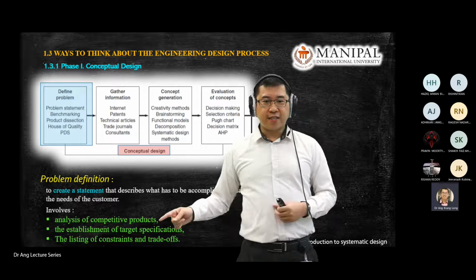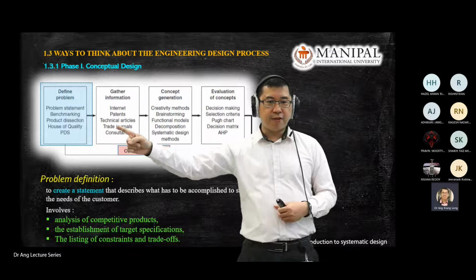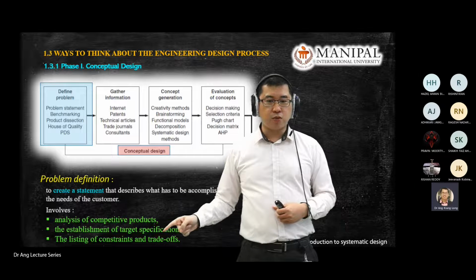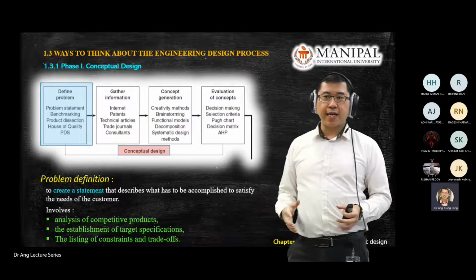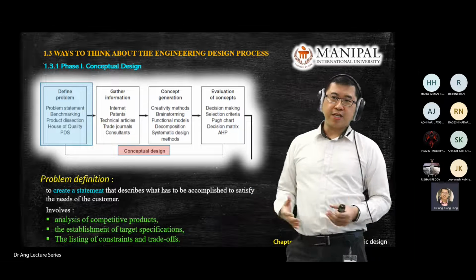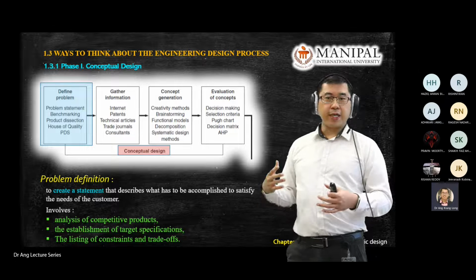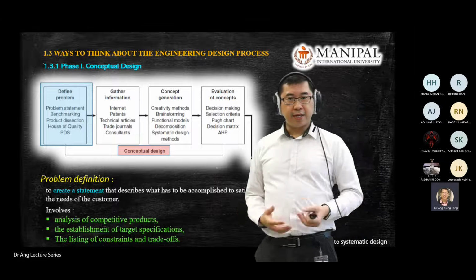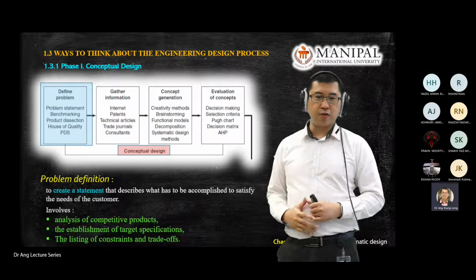This is the first phase during your conceptual design that we expect you to find out. You should be able to answer questions like, what category is this design under, how do you begin, or is there any company selling them? At least you should be able to answer all these general questions.